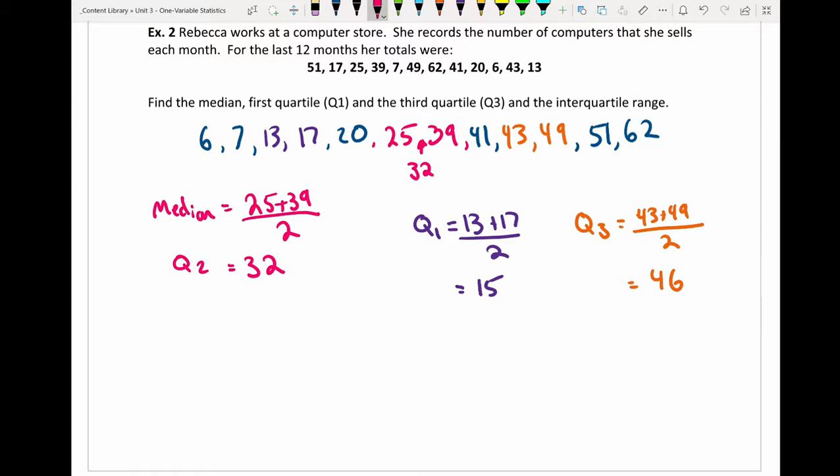If you want to find the interquartile range, or the IQR, it's your Q3 minus your Q1, or 46 minus 15, which equals 31.